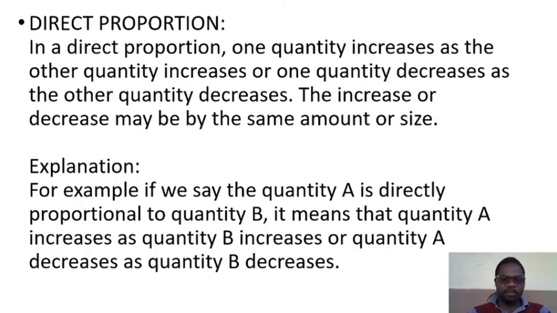Then direct proportion. In a direct proportion, one quantity increases as the other quantity also increases. So that means the other way we say that an increase in one quantity leads to an increase in the other and vice versa.